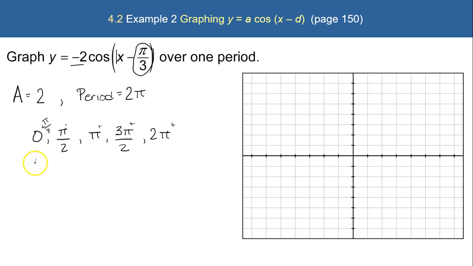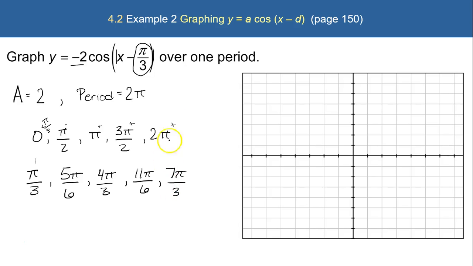So what we're going to get first is pi over 3, and then we're going to get 5 pi over 6, and then 4 pi over 3, and then 11 pi over 6, and 7 pi over 3.